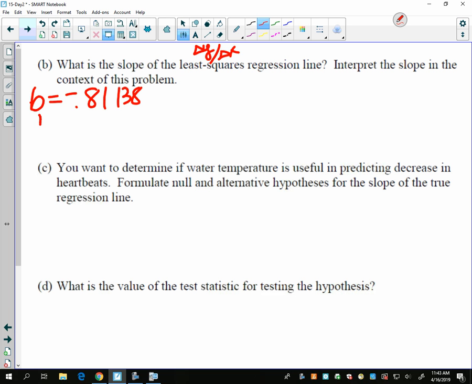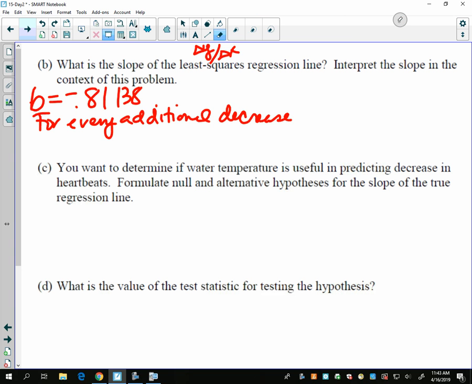So for every... For every additional decrease in... Or no, not decrease.